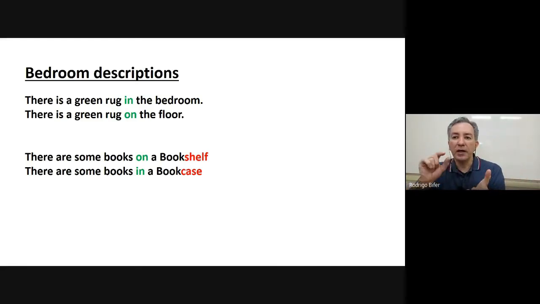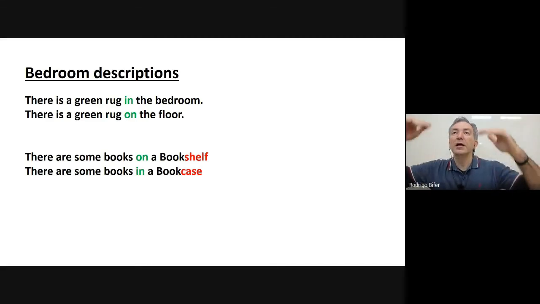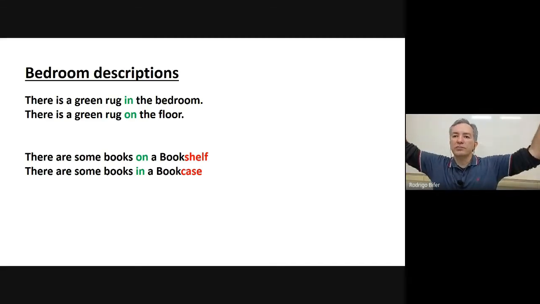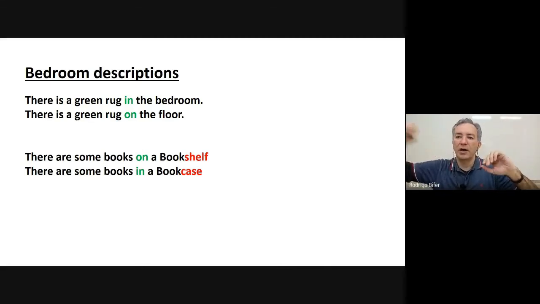But on is also used for things that are touching, but they are not necessarily on top. And one good example of this difference is everything that is on the wall. So when you think about your bedroom, what do you have? You have the floor where you can step on. You have the walls that you can touch, which are all over.